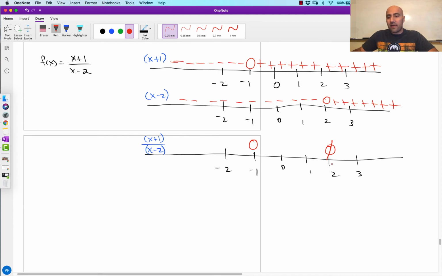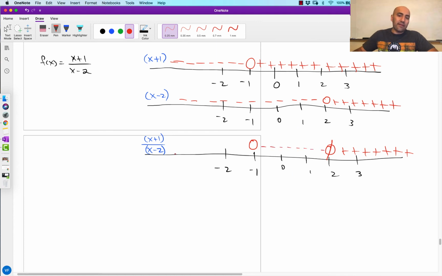When we pick x values that are to the right of the 2, we're going to end up with some positive number in the numerator divided by some positive number in the denominator. So I know that these are all going to be positives to the right of this value. In the middle here, if I choose a value like 0 or 0.5 or 1, any number in here, I know that the numerator is going to end up as a positive number, the denominator will be a negative, and a positive divided by a negative will end up being a negative.